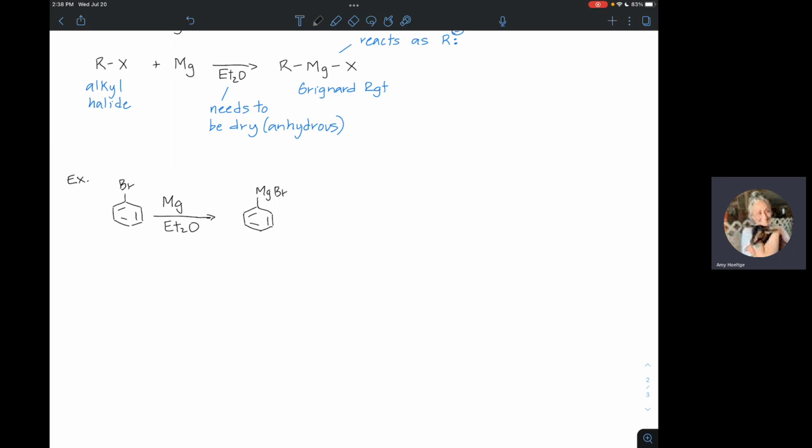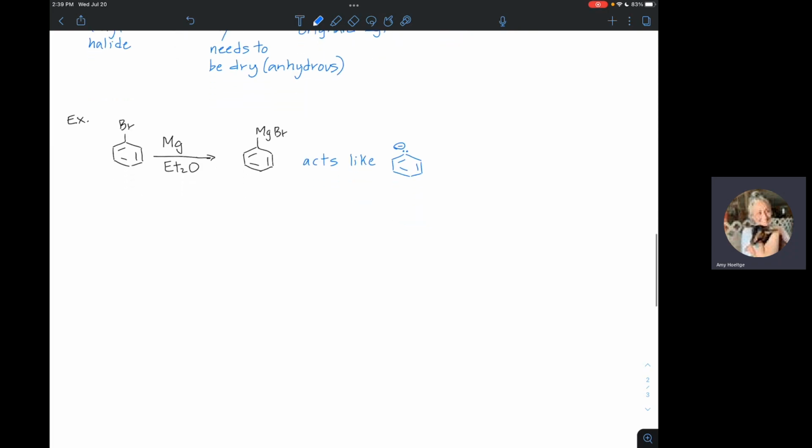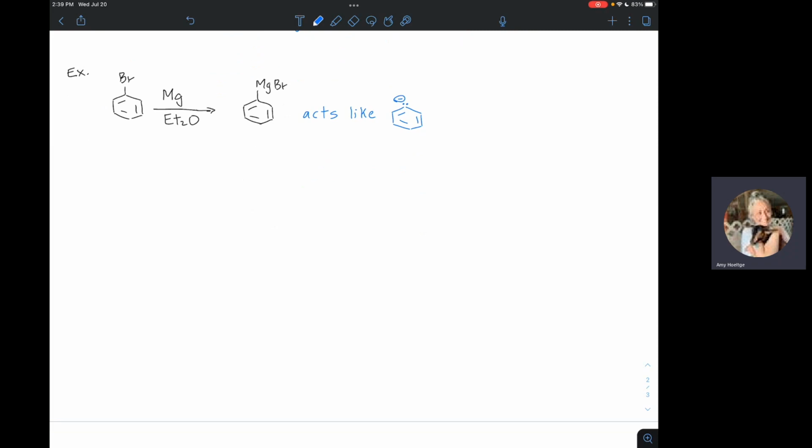This is going to act like benzene with a lone pair of electrons up the top there. So basically a heat-seeking missile for an electrophile or a proton, right?